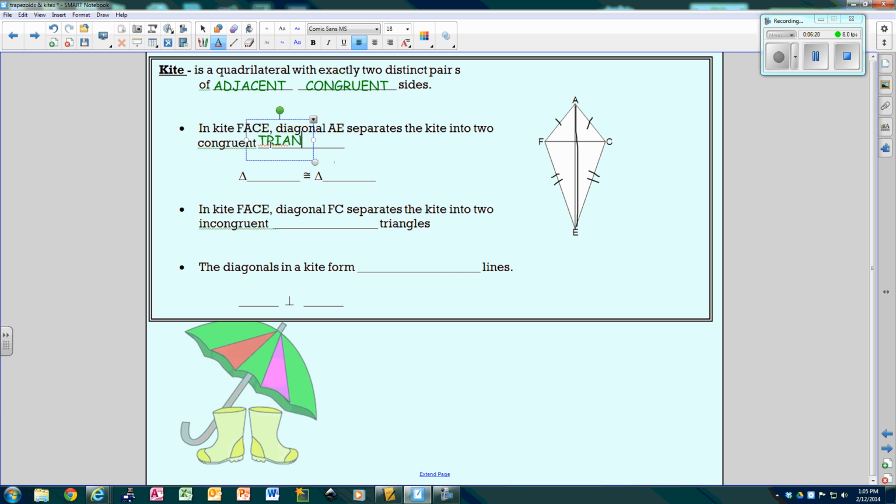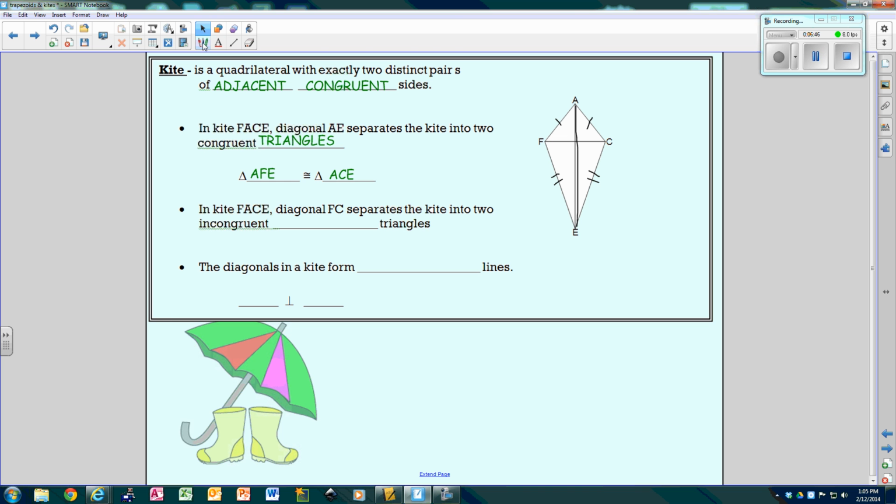Ooh, let's try spelling that right. All right, so I would say triangle AFE is congruent to triangle ACE. Okay, so the triangle on the left is congruent to the triangle on the right. Obviously by side, side, side, because these 2 sides are congruent, those 2, and then the reflexive property for the diagonal down the middle.